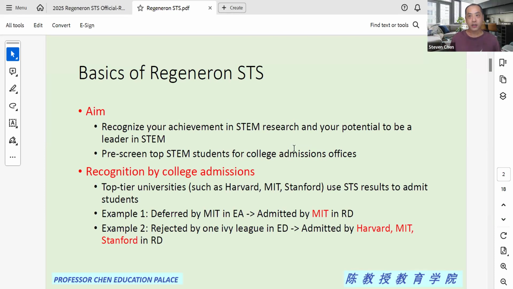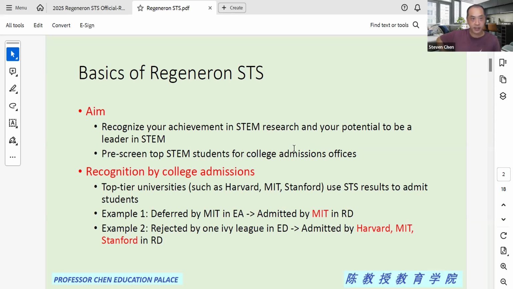After it makes those announcements, the university admissions offices will get the student name list, look at those students' profiles, screen their applications, and then select whom they shall admit. So basically, Regeneron STS has the second function of pre-screening top STEM students for college admissions offices.